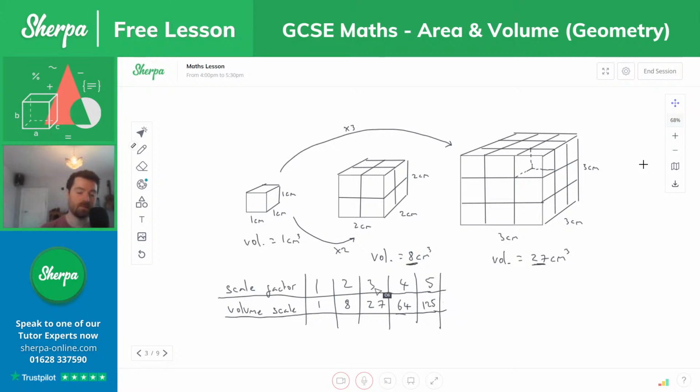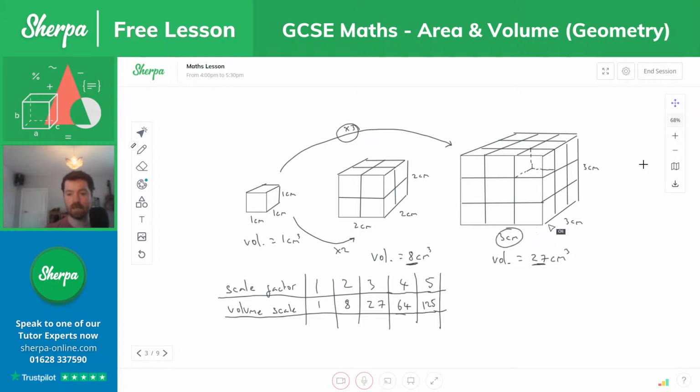And we can see, right, it makes sense why we're getting cubic numbers here, because we're literally taking our scale factor of 2, and that's giving us our length of 2, and also our width of 2, our depth of 2, and our height of 2. And we're doing 2 times 2 times 2 to get our volume. So we're literally doing 2 cubed to get our volume. And same thing again, we've got our linear scale factor of 3.